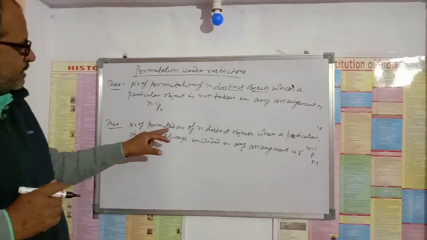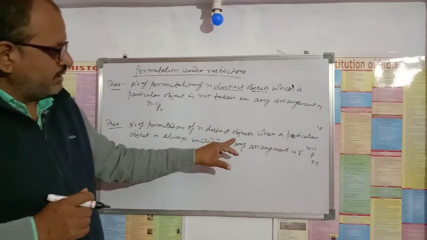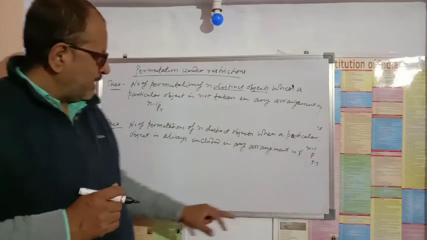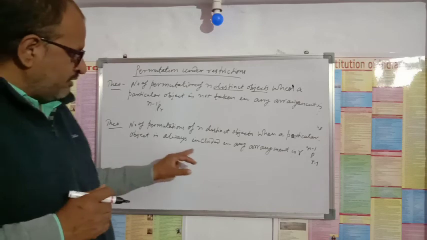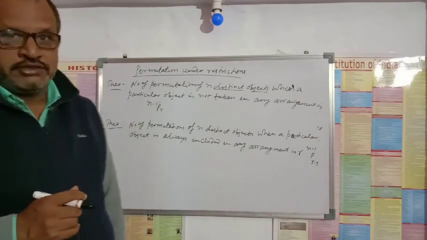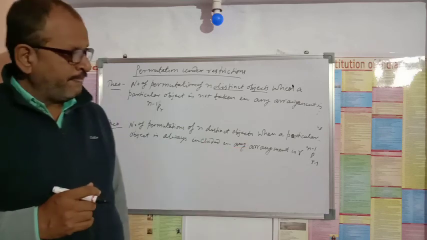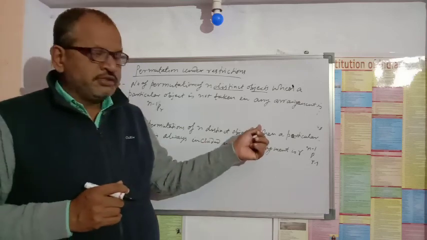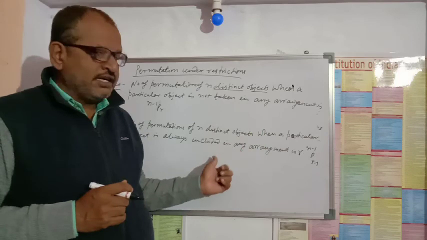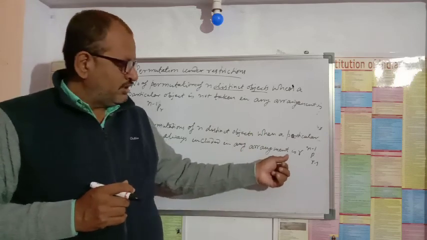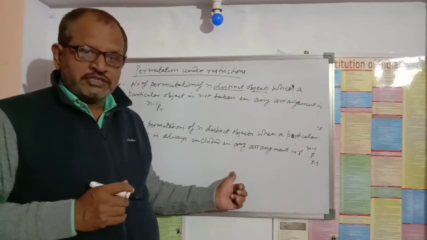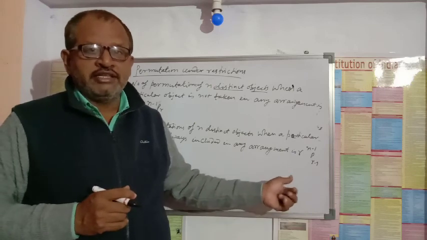Next, the number of permutations of n distinct objects when a particular object is always included in every arrangement. Again, we will put that particular object at r different places. That particular object can be put at first place, second place, third place, and rth place.